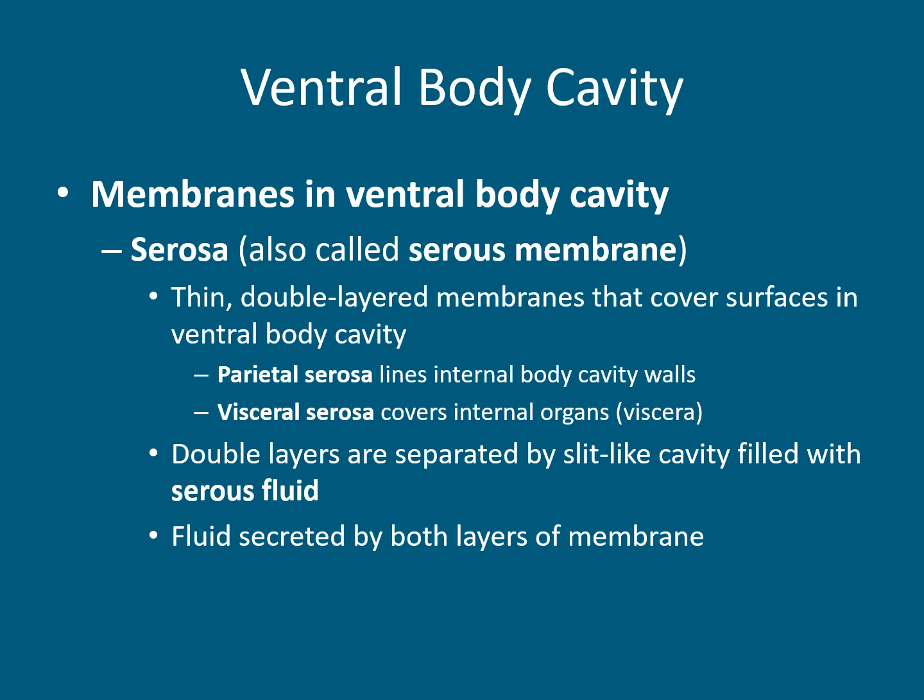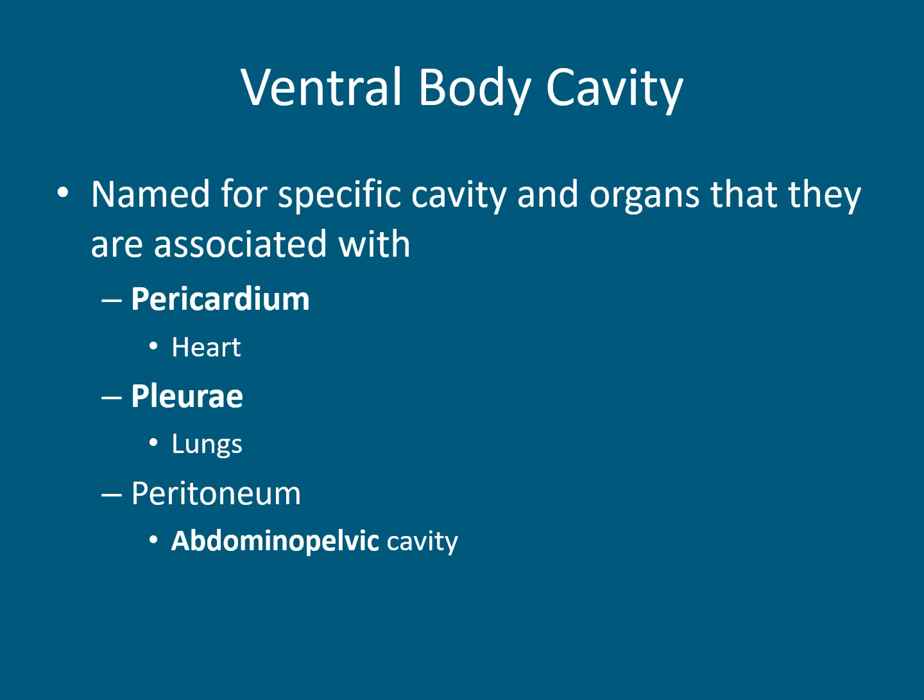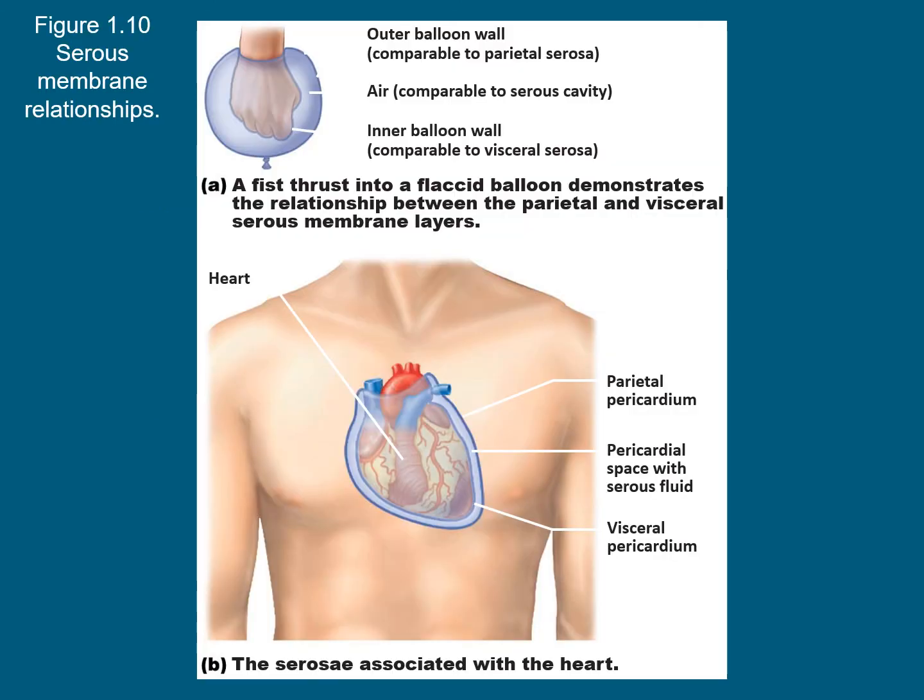There is a fluid between those two layers that helps to reduce friction. In the ventral body cavity, once again, pericardial contains the heart, pleural contains the lungs, and peritoneal refers to the abdominopelvic cavity area. So this is just showing the pericardial membranes that are surrounding the heart.